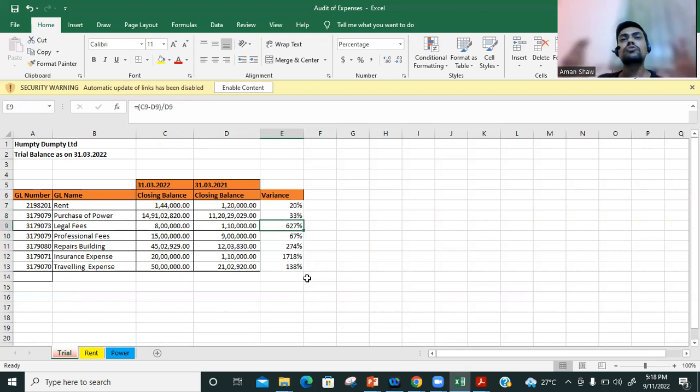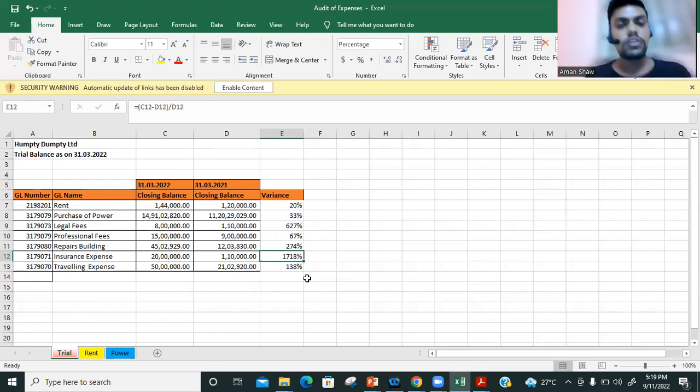But in legal fees, if there is no fixed payment, you cannot expect that all 12 months legal fees are being paid. Similarly, in professional fees also, if there is no fixed agreement, you cannot say that the expense ledger is complete. But in a few GLs you can check, so which GLs you can check and which you cannot, and where you will apply the concept of revenue and capital, you got an idea.